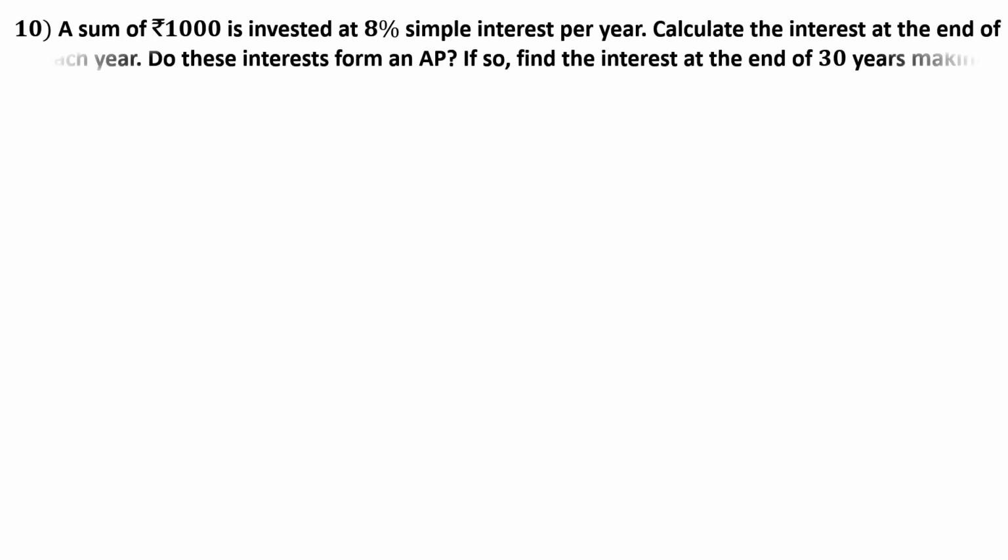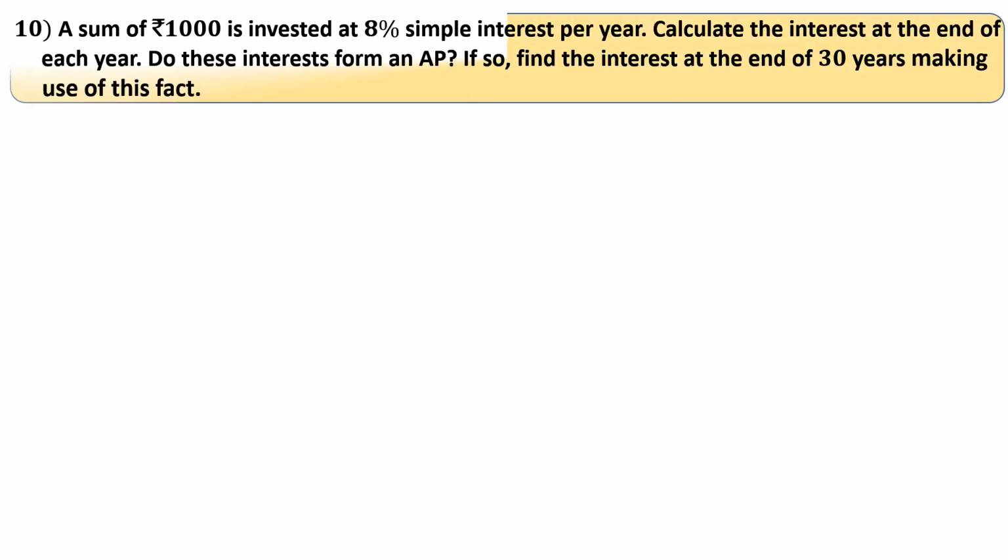Now, 10th example. A sum of rupees 1000 is invested at 8% simple interest per year. Calculate the interest at the end of each year. Do these interests form an AP? If so, find the interest at the end of 30 years, making use of this fact.